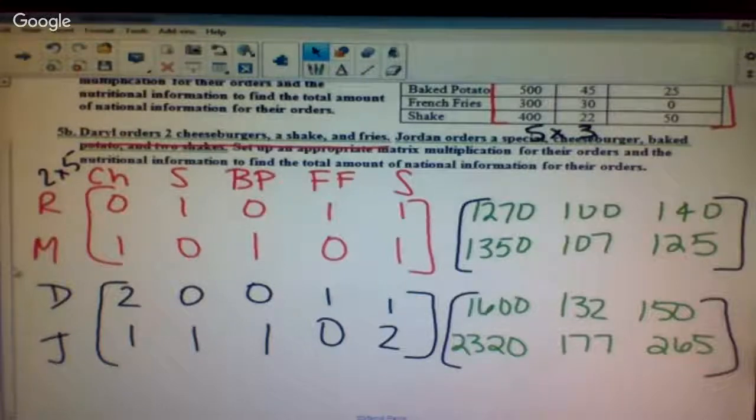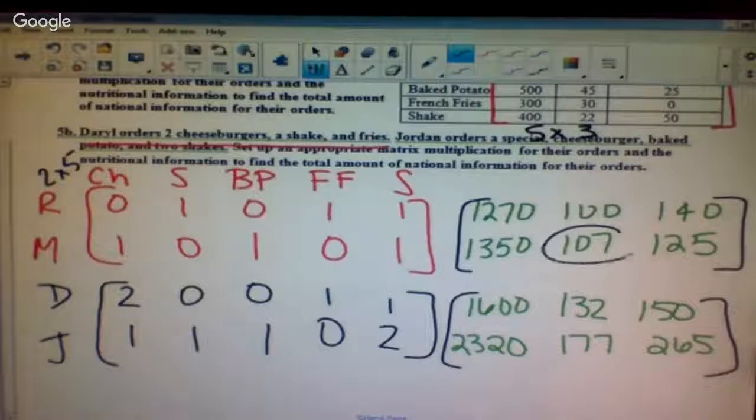Okay, so what in the world does this mean? So if I circle this number, what does this number mean? That's the fat in, what's that person's name? Max's. Okay, so it's in the second row, which represented Max.